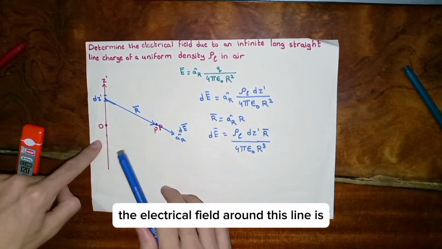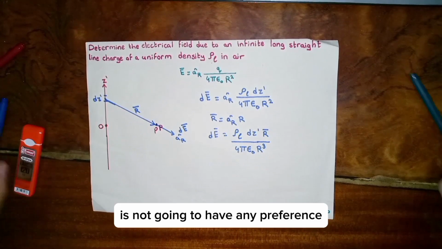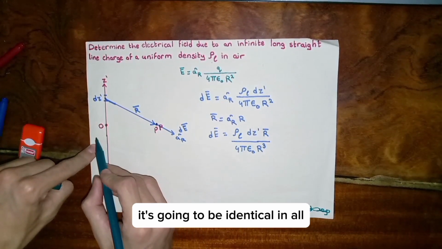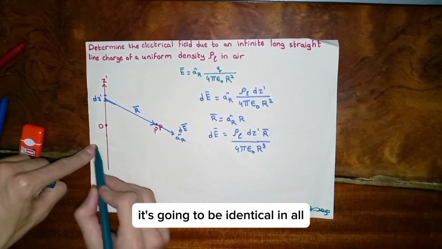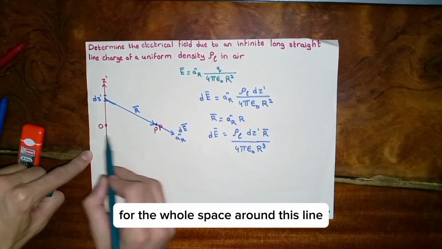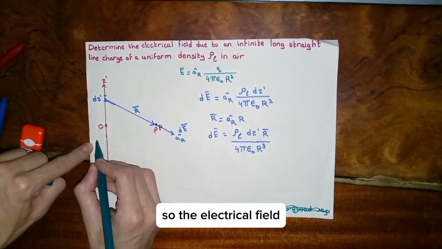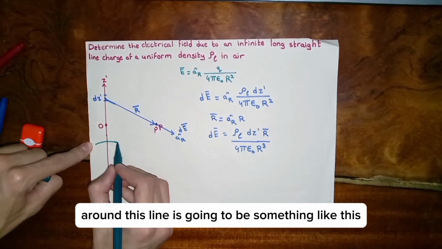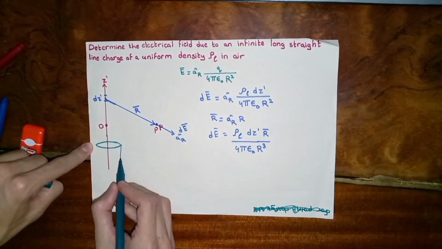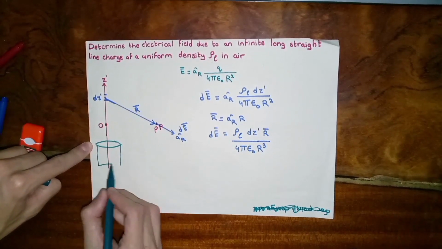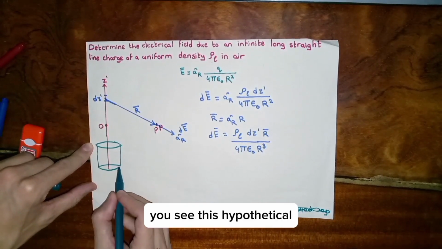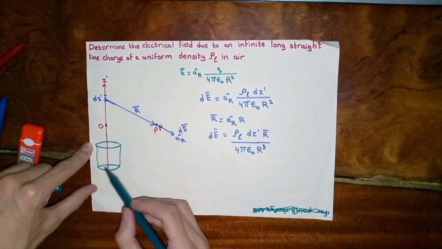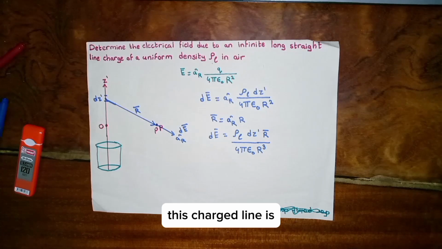The electrical field around this line is not going to have any preference. It's going to be identical in the whole space around this line, so the electrical field around this line is going to be something like this. You see, this hypothetical cylinder represents the electrical field around this charged line.